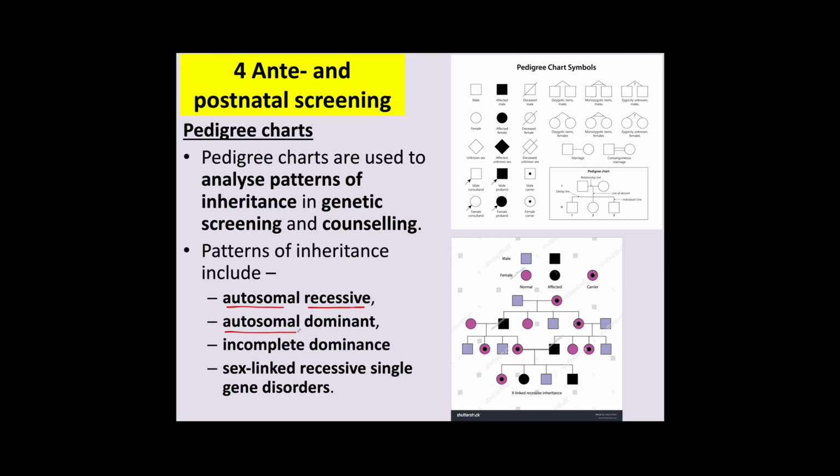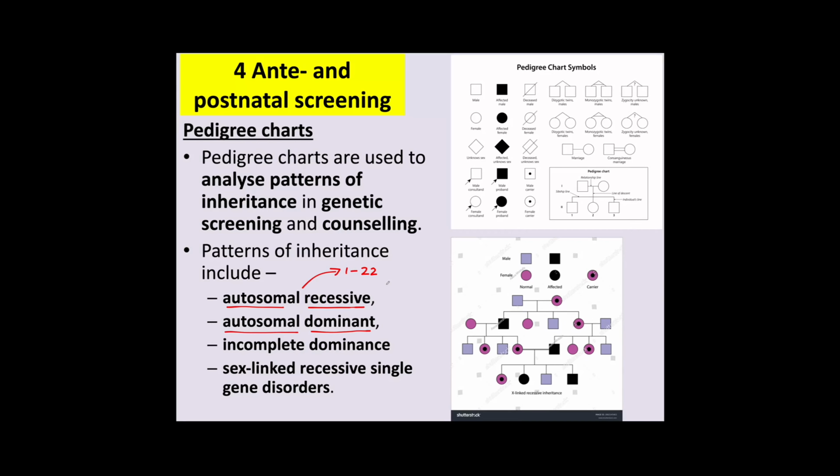We've got autosomal dominant. Now, autosomes are chromosomes 1 to 22, okay, or chromosome pair 1 to 22. So the first 22 pairs, or 44 individual chromosomes, are called the autosomes. And you can actually be asked about this in the exam. What is an autosome, okay? So an autosome is chromosomes 1 to 22, or chromosome pair 1 to 22, and you would indicate that it's not the sex chromosomes, okay?